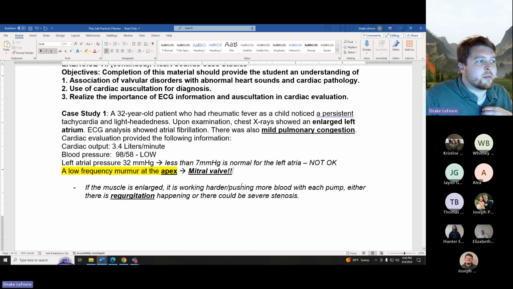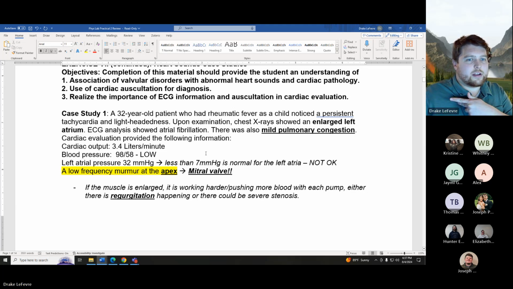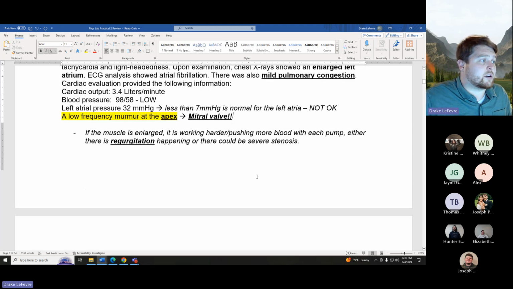If I say there's a murmur at the second intercostal space to the right of the sternum, bam, that is the aortic valve. So if you know those points, a lot of times this is going to give you your answer.